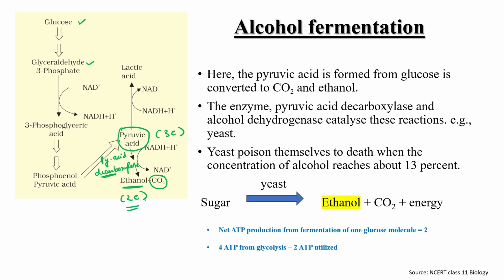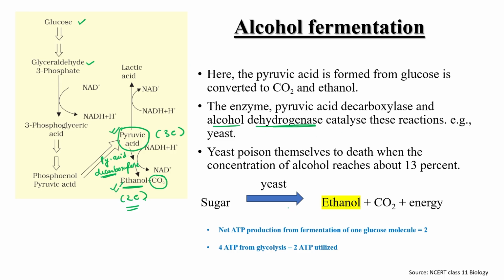Okay, so, or we can say alcohol dehydrogenase for the same reaction. This enzyme is also involved in this particular step. So the enzymes pyruvic acid decarboxylase and alcohol dehydrogenase catalyze this reaction, the conversion of pyruvic acid to alcohol.